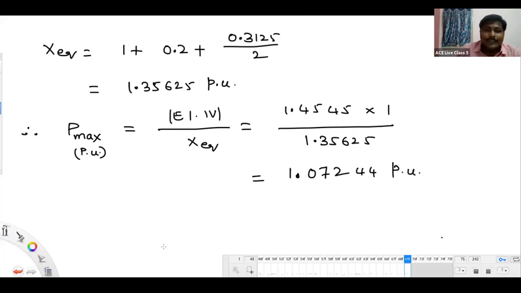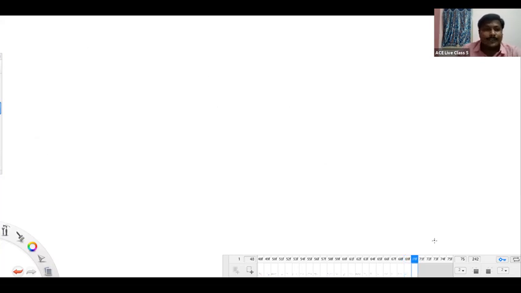But you need to give this number in absolute form, right? Of course, the problem asks for the steady state stability limit. That is nothing but Pmax only, right? Steady state stability limit value or P maximum, both will be the same. And you have to give this number in absolute terms, meaning in megawatt. With what base do you have to multiply this? You have to multiply this with the 500 MVA base.